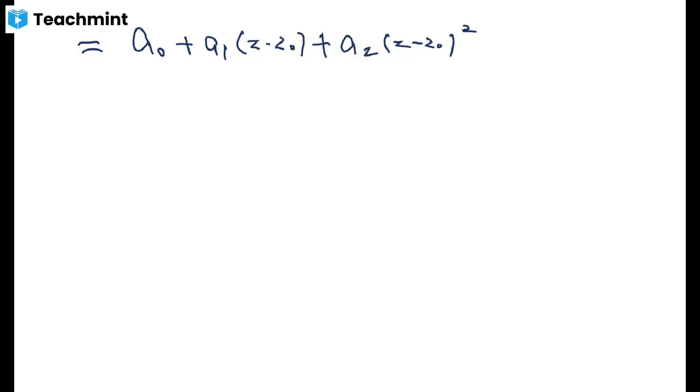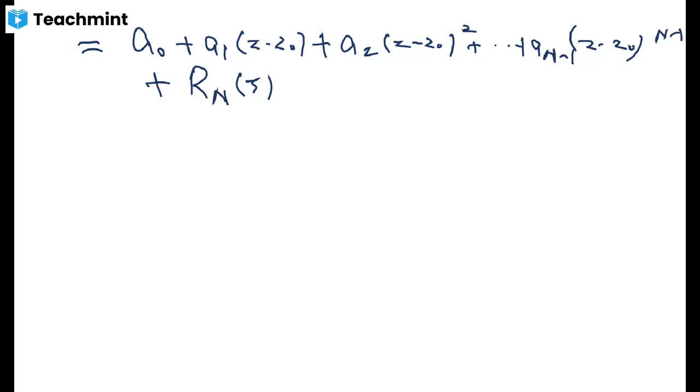So this I am writing as a naught plus, sorry, it is not a1 z only, it is a1 into z minus z naught, plus a2 into z minus z naught square, and so on, a n minus 1 into z minus z naught to power n minus 1, and I have an error term which I am denoting by r n of z.